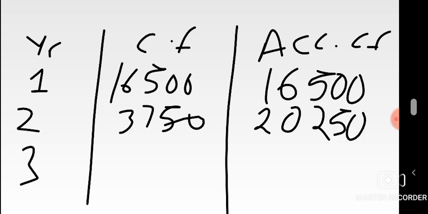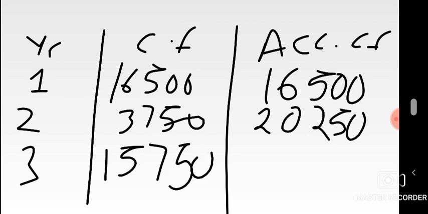Next, year 3 had another cash flow of 15,750. If we add this to the 20, we're going to land at 30-something. Now, what is our focus here? We want to get back what we initially invested, and so far in 2 years, it's showing us that we are on 20 million something, right?